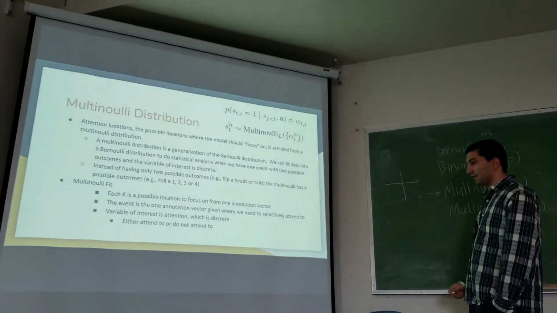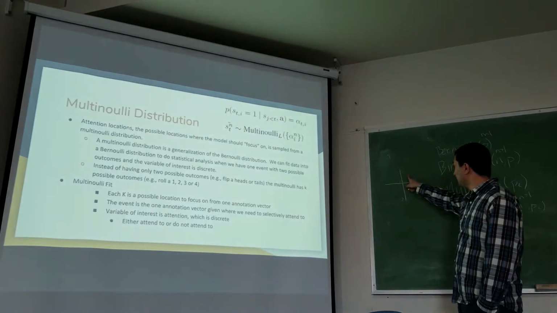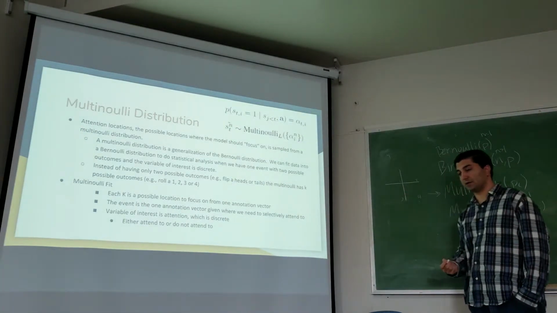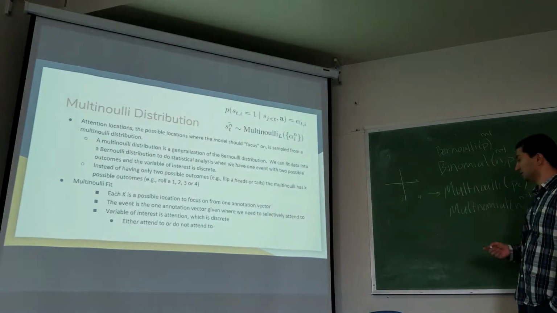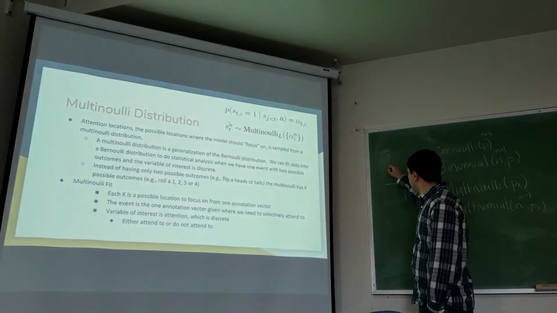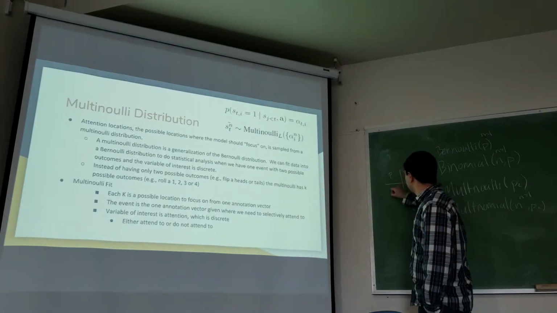Now we have an outcome here, here, here, and another one here. So multiple different outcomes. This is how it fits the multinoulli. And then we want to find a probability here, here, here, and here.